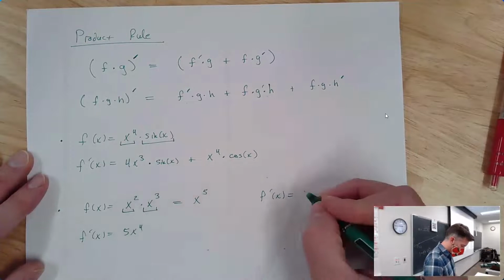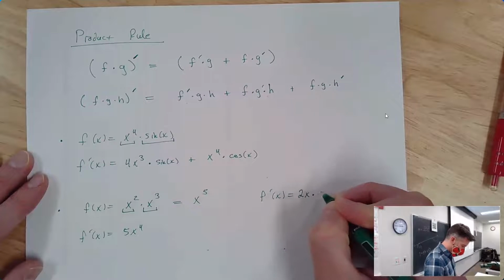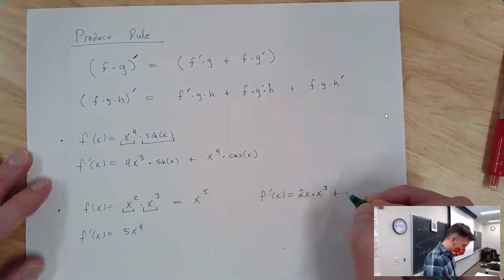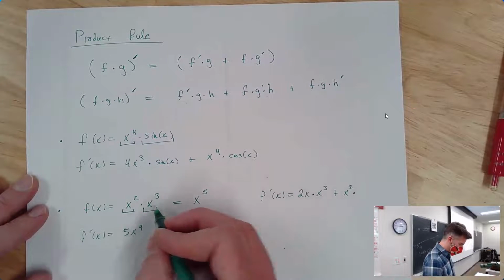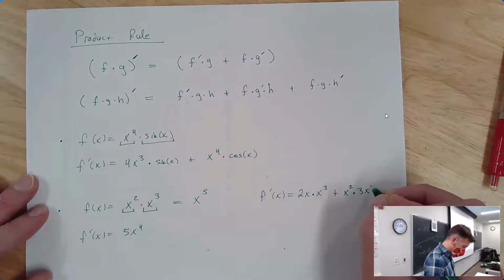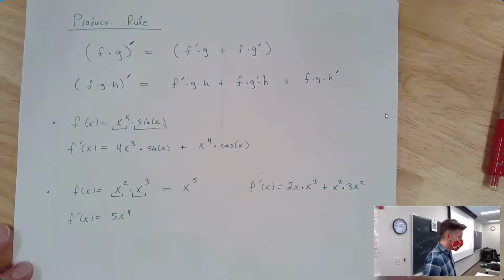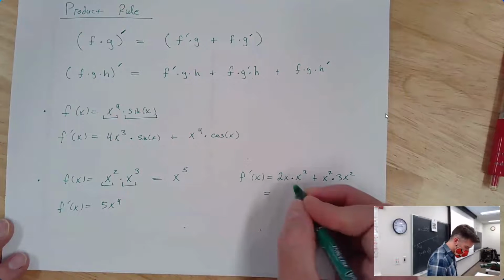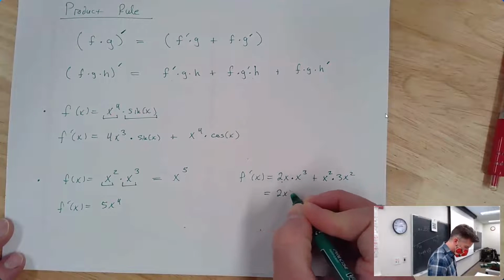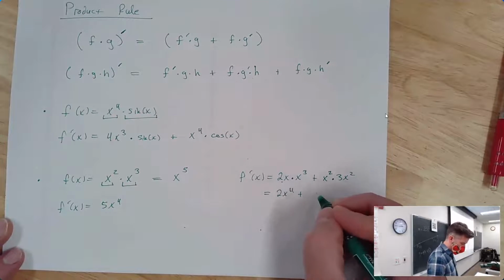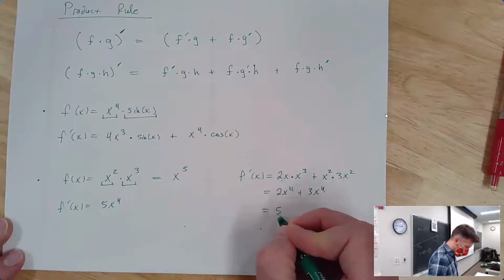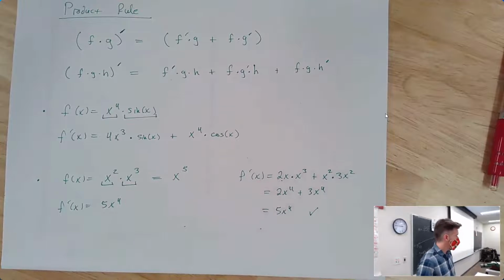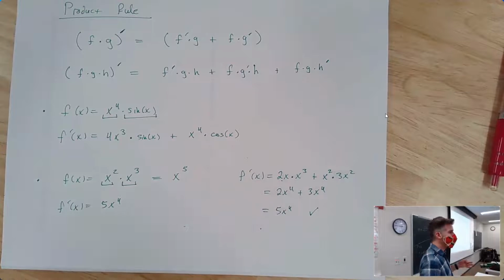The derivative of x squared is 2x times x cubed, plus, now I leave the x squared alone and multiply by the derivative of x cubed, which is 3x squared. Is that going to come out right? I think it is. 2x times x cubed is 2x to the 4th. And x squared times 3x squared is 3x to the 4th. So we end up getting 5x to the 4th. So it works. It's good to see it for a function that we already know the derivative of.